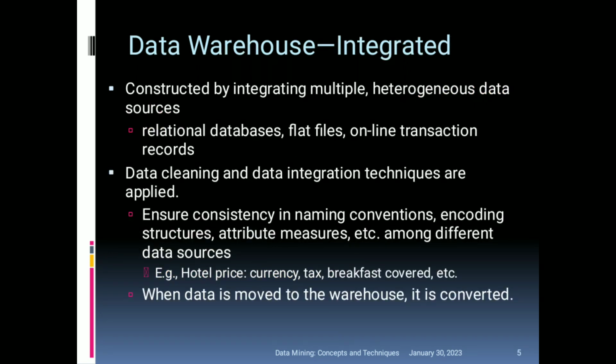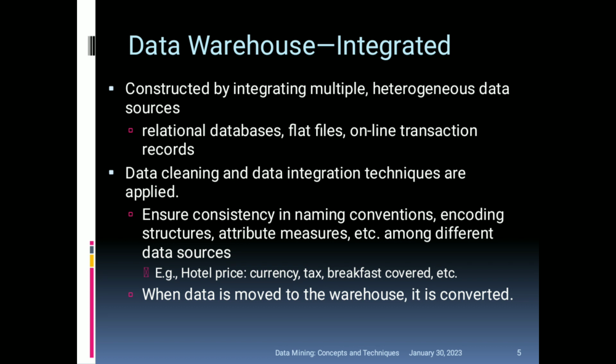The other feature of a data warehouse is that it is integrated. It is constructed by integrating multiple heterogeneous data sources like relational databases, flat files, and online transaction records.